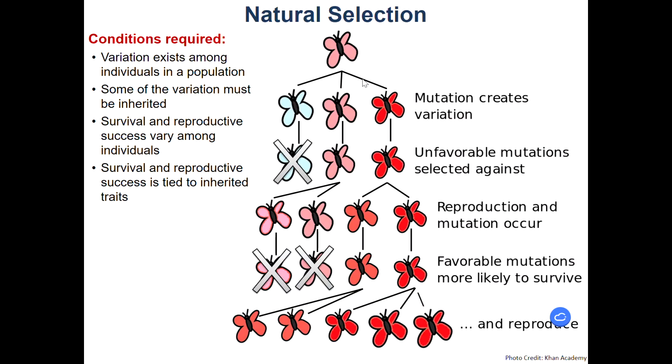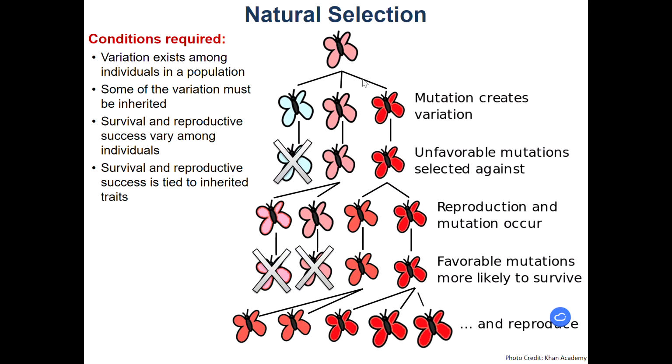Some of your variation must be inherited, so you need to be able to pass that variation on to your offspring. Survival and reproductive success, so how many offspring you have, vary among the individuals based on that variation, and survival and reproductive success is tied to those traits that you get from your parents.